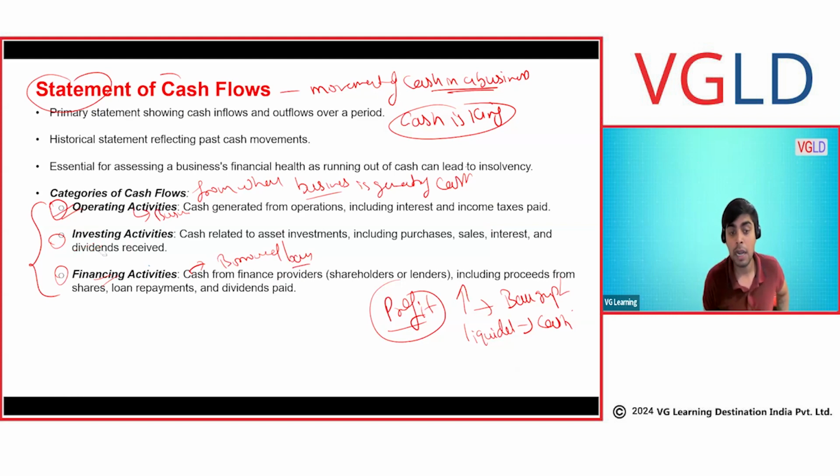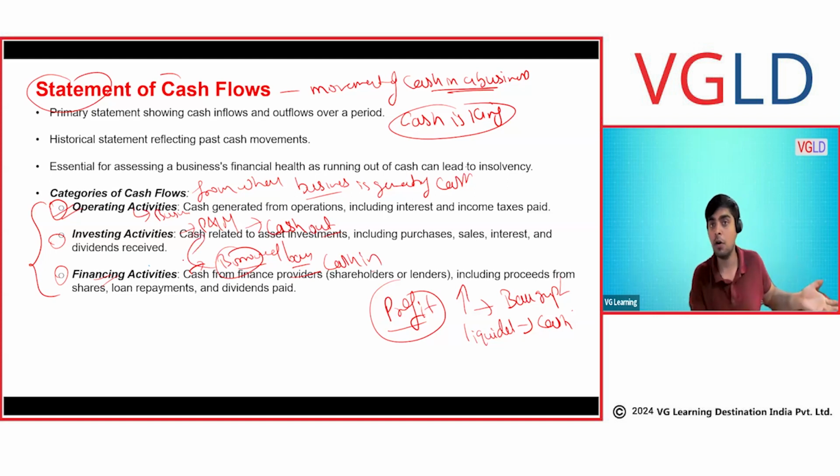Let's say you have invested, you have bought plant and machinery. So cash will be going out here. Borrowed loan, cash coming in. So you have borrowed money and then you bought plant and machinery. Let's say you took a loan from the bank and you bought a building so that you can run the business there. So money will be coming in from financing activity and money will be going out in investing activity.